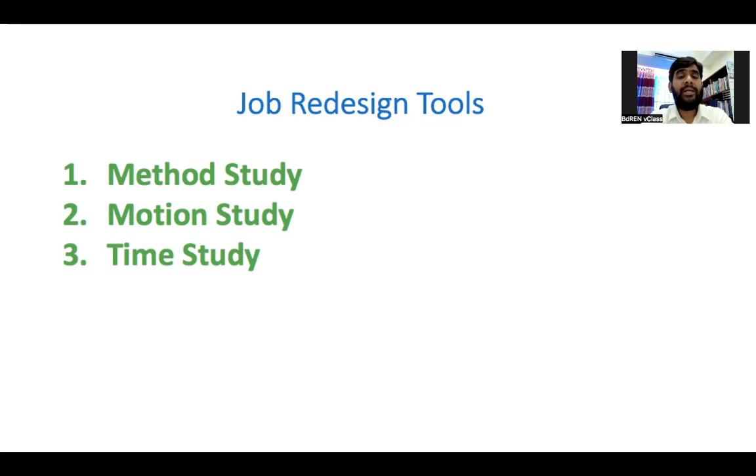When they design the jobs of the operations department, they deal with the operations manager, whether job redesigning is important or not, whether job specialization, job enrichment or job enlargement or job rotation is important for the department or not. That's why the operations manager must know about the job redesigning tools.